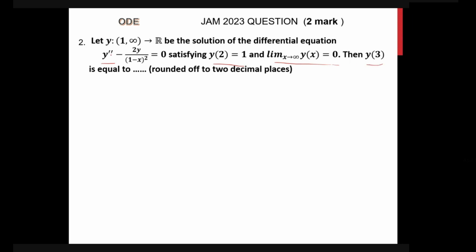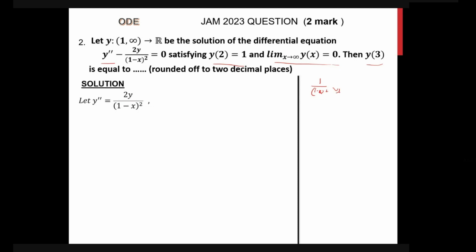One thing you should remember: if you get an ODE problem, first of all you just guess a solution. This equation can be written as y double dash is equal to 2y by (1 minus x) all square. While doing the problem, I think about where the 1 minus x square comes from, and for what derivative I want it.